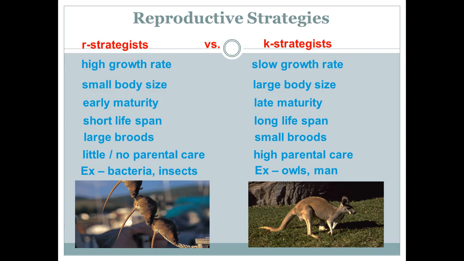I mean, you take an elephant, it lives for 80 years, and an elephant doesn't start to breed until 4 years is about the youngest, and they don't normally have babies more than once every 3 years, and they spend a lot of time taking care of those babies. So those are K strategists, and kangaroos fit in there as well.